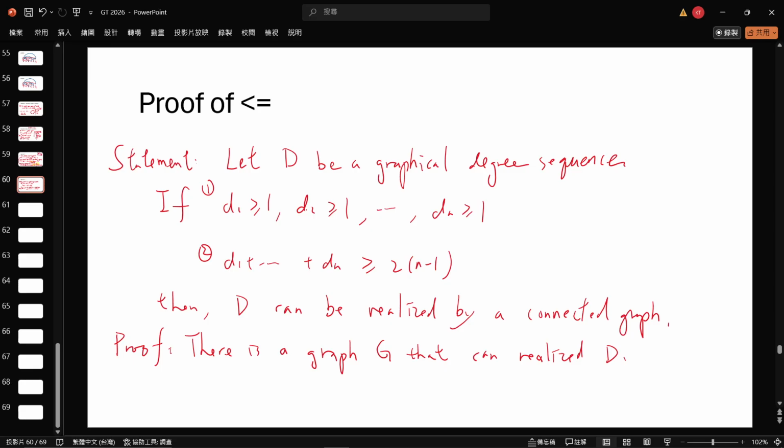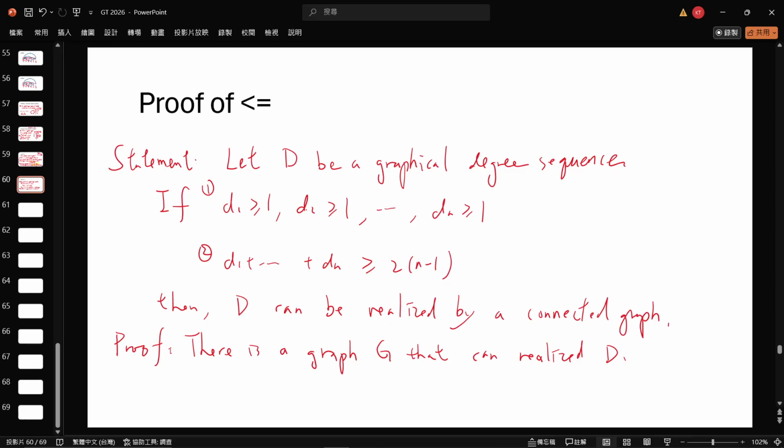And we still have two cases. The first case is trivial: if this G is connected, then we're done, because the goal is to show that it can be realized by a connected graph.